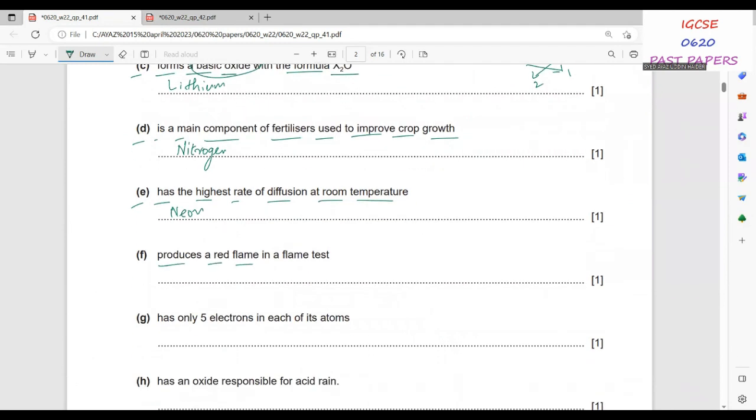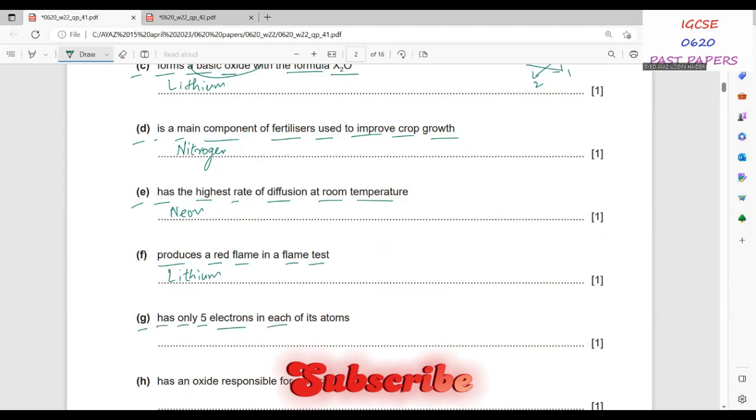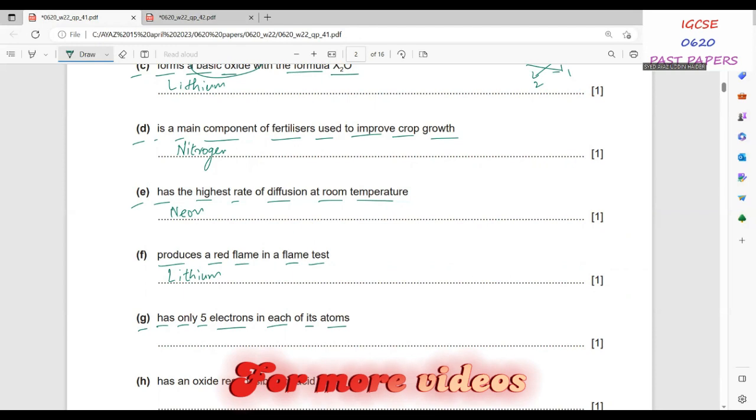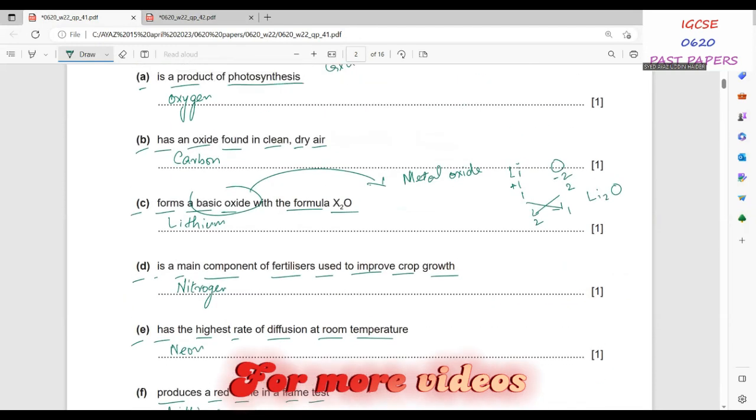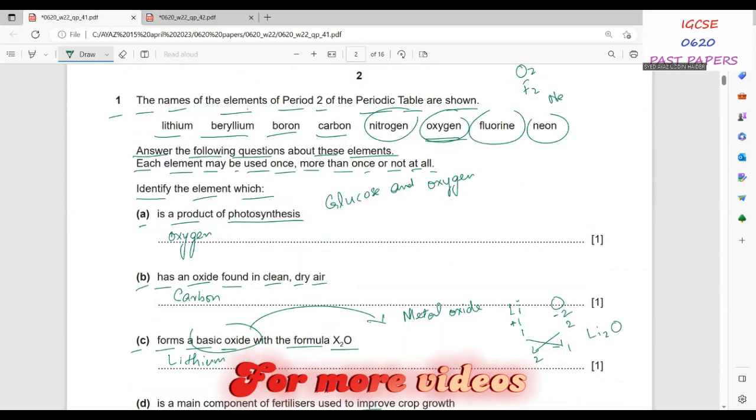F produces a red flame in a flame test. Lithium is a metal which produces red flame in the flame test. G has only 5 electrons in each of its atoms. We have to look at the proton number of these elements from the periodic table.